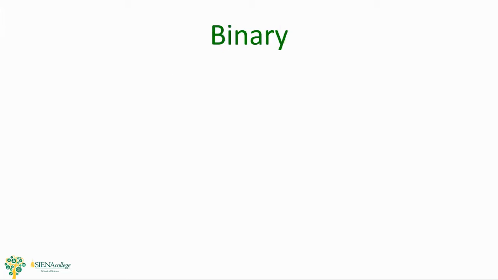Binary. We know that binary contains one of two digits, either a 0 or a 1. The positions in the binary number system: the rightmost position will be the ones position, just like any other number system. In binary, the next position over to the left will be the 2s.